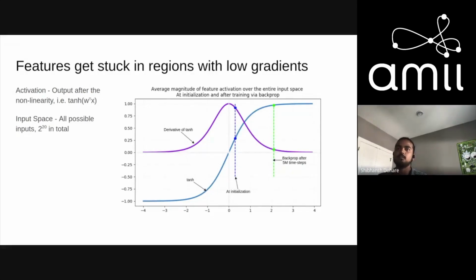So whenever the input distribution changes, whenever we want to get to a new local approximation, we cannot do it very well because the gradients are very small. So what seems to happen is that features get stuck in regions where there is a very small gradient. So it is much harder to learn new functions now.